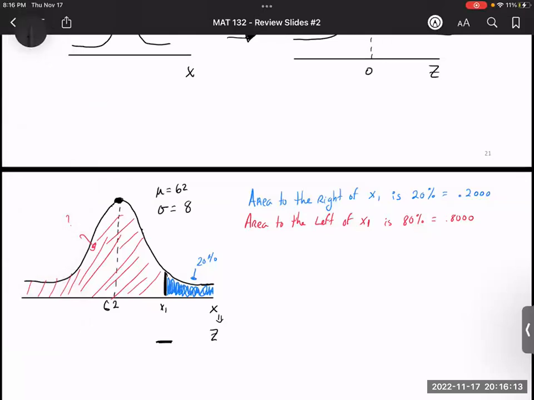And then that will help me to figure out x1. So the idea here is that first the area to the right of x1 was 20%, 0.2000. Area to the left of x1 is 80%, which is 0.8000.